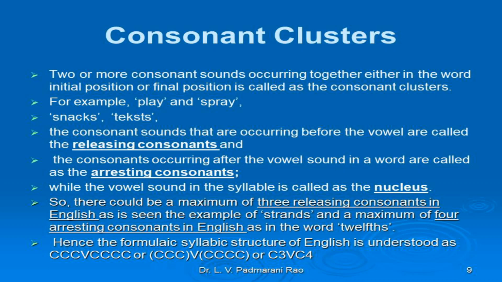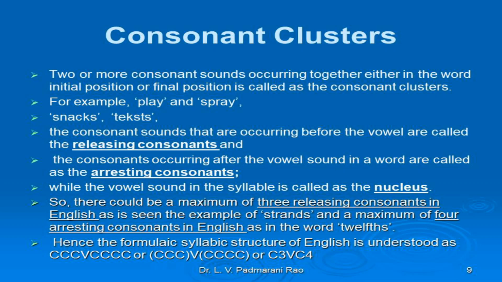So you can represent the syllabic structure in the following way: C, C, C, V, C, C, C, C. Or you can put the arresting consonants and releasing consonants in brackets. Putting them in brackets would mean that they are optional elements. For a syllable to occur, you don't require the releasing consonants and arresting consonants.